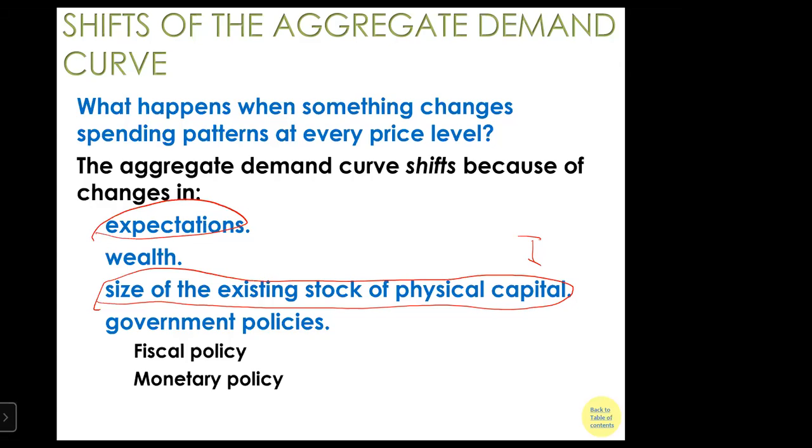This check is going to encourage you to go out and spend, but certainly depending on your MPC, right? Depending on your income level, your MPC is going to differ. But nevertheless, you may want to spend some out of this $1,400. So that's how fiscal policy can change aggregate demand.